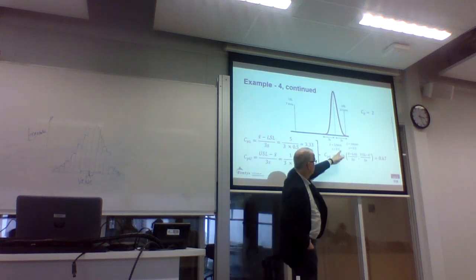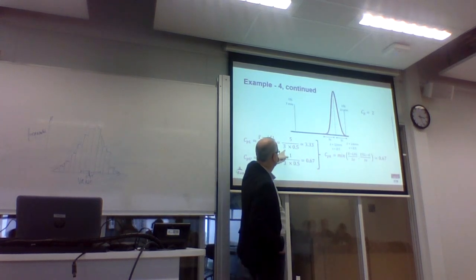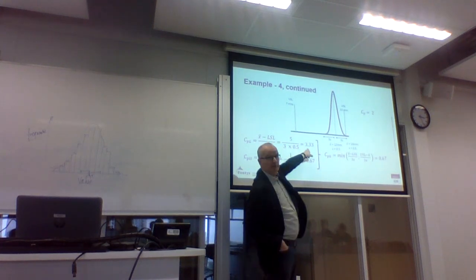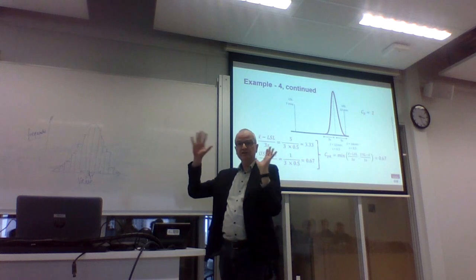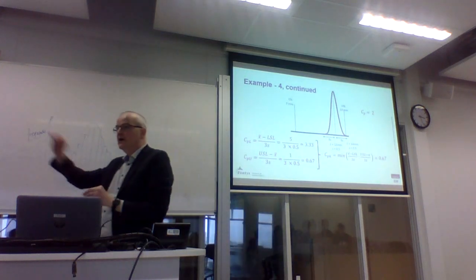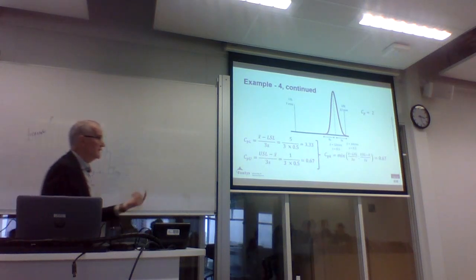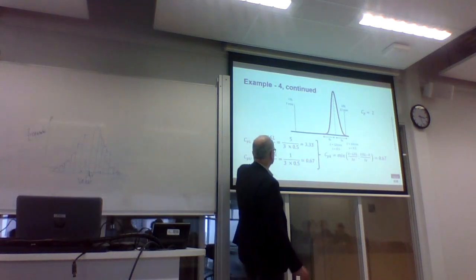My standard deviation is 0.5. 3 times 0.5 is 1.5. This gives me a CPL of 3.33. It's a high number, that's okay. We're safe. We're far above the 1. We're doing pretty good. Now let's take a look at the other one, on the upper side.